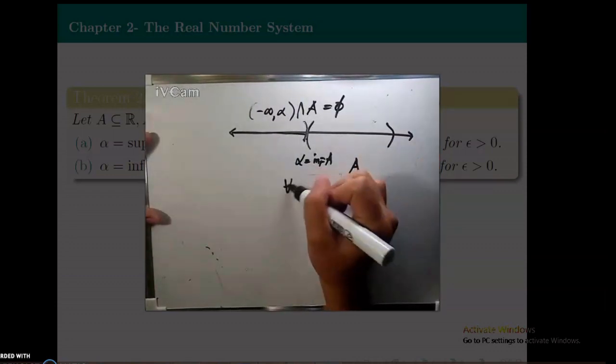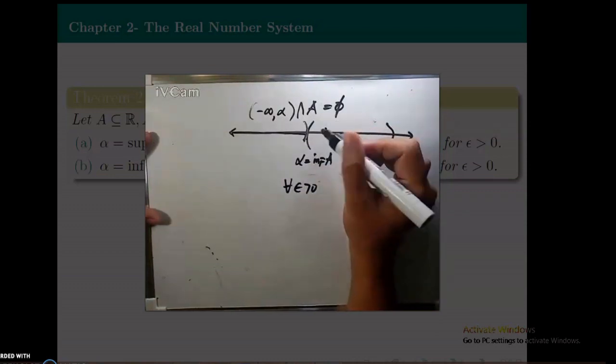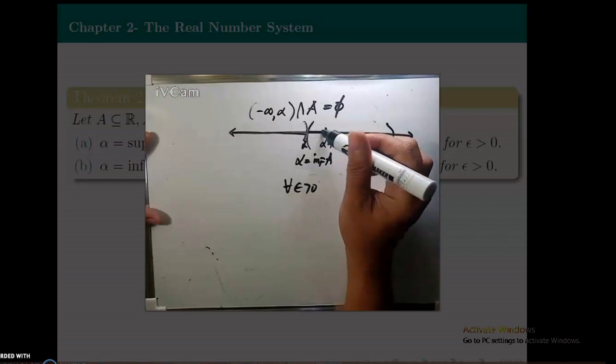Whereas for any epsilon greater than 0, this is alpha plus epsilon, the distance from alpha to this is epsilon.